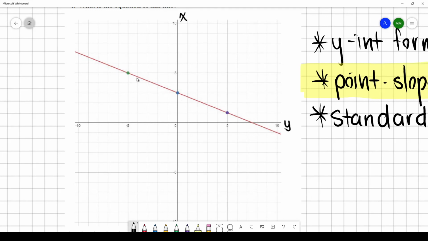I gave you 3 points, so you can use any of them. I will use the blue one and the purple one. The change in y, y is going from positive to negative, so it's going down. So I go down 5. The x value goes up 2. Change in x is from a small number to a big number, but the change in y is from a big number to a small number.